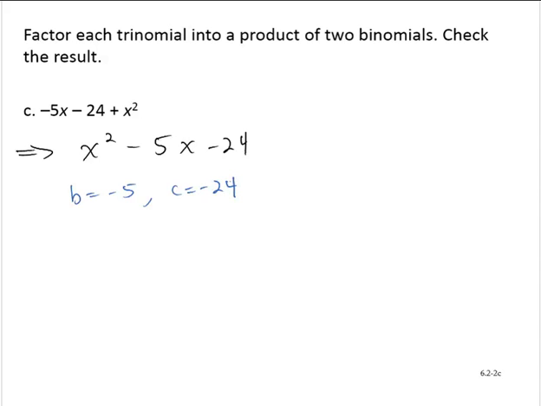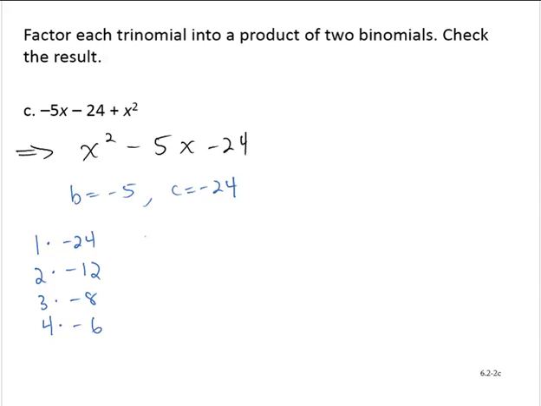So now I need to find pairs of numbers that multiply to negative 24.